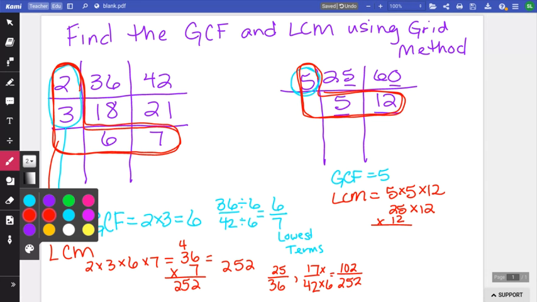Multiply that out. 2 times 5 is 10, carry a 1. 2 times 2 is 4, plus 1 is 5. Add a 0. 1 times 5, 1 times 2, and 0. So 300. So your LCM here would be 300. And that's just a quick review of the grid method and how it works.